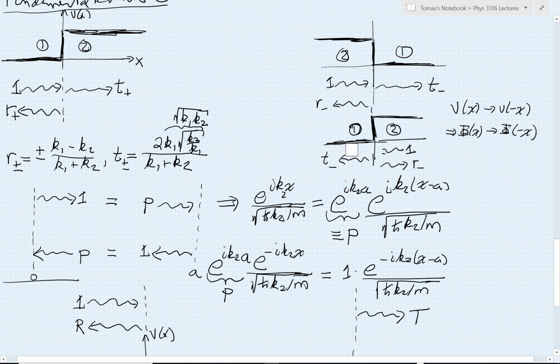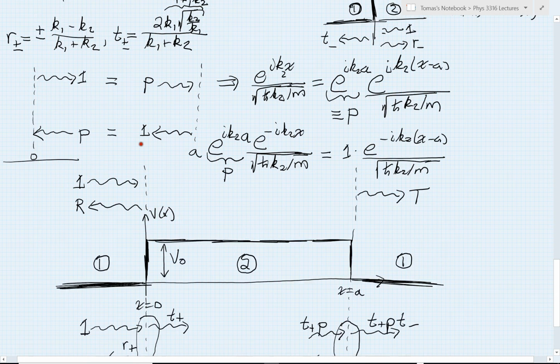And because this flipped around picture actually represents exactly this phi of minus x, and the potentials are exactly flipped, these should be exactly my coefficients. So, long story short, I'm just transmitting or reflecting again off of a down step.